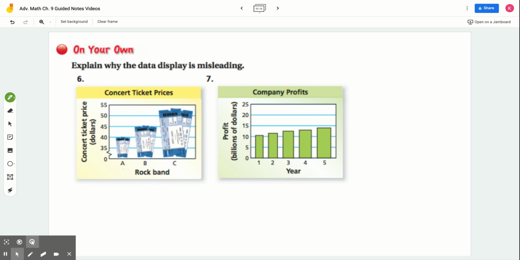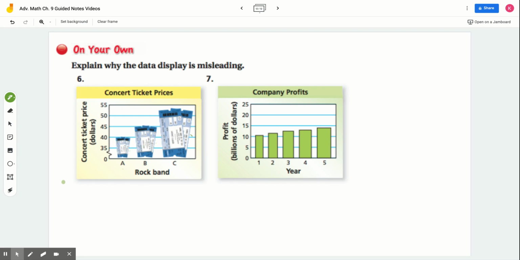So there are actually 2 reasons why number 6's graph is misleading. The first one, we can see that as the tickets get taller to go up to the higher dollar amounts, the tickets actually also get wider.